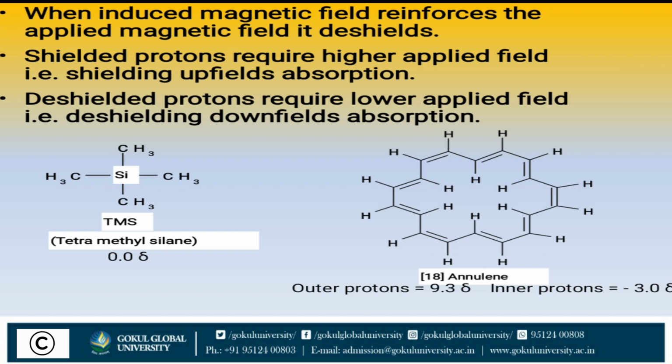In TMS, the absorption of field is 0.0, and in aniline two types of different protons are present, the outer protons and the inner protons. Here it is very important: the outer proton requires 9.3 delta, and the inner proton is minus 3 point something delta.